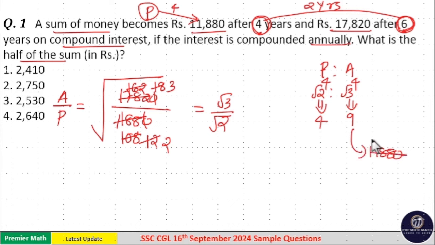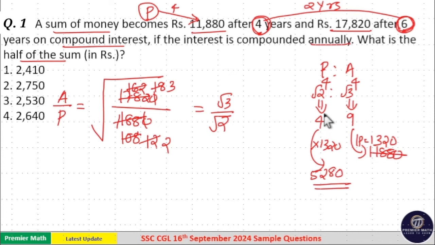Then 9 goes 1 time in 11, 3 times in 28, 2 times in 80. Then 0. That is, 1 part is equal to 1320. If 1 part is 1320, then 4 parts is equal to 4 into 1320, which is 5280.